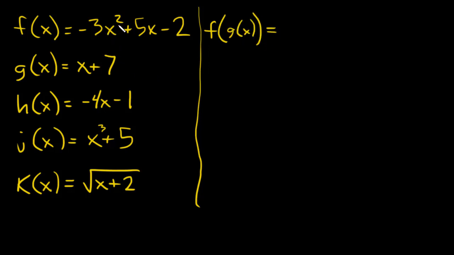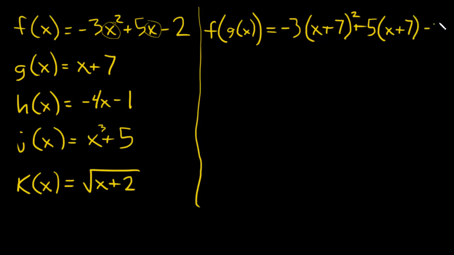Well, wherever there's an x in my original expression, I'm now going to substitute what g of x is. So this becomes negative 3 times x plus 7, quantity squared, plus 5 times x plus 7 minus 2. Okay?